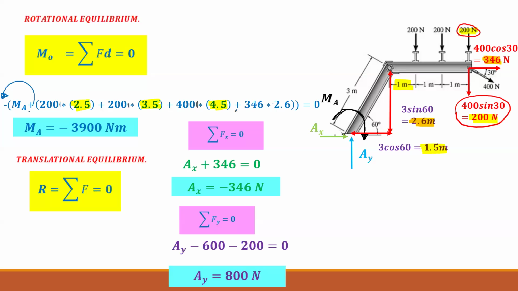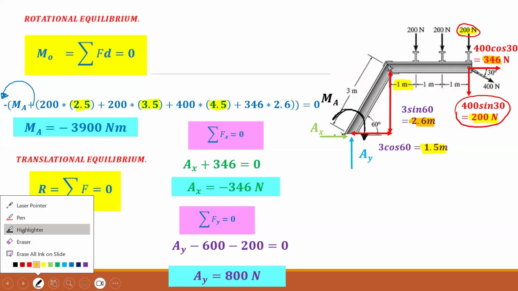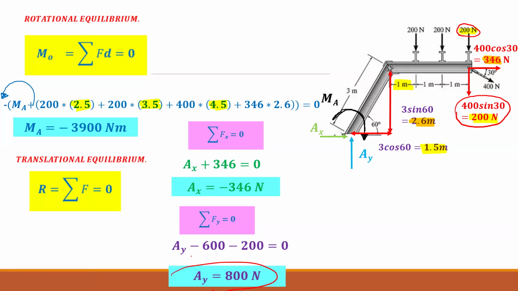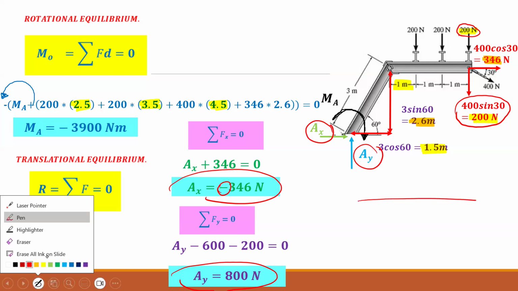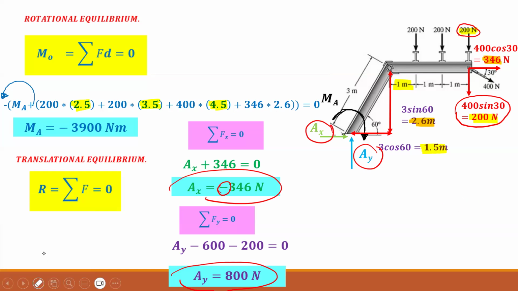Okay, now we haven't finished. Now we need to do the last part. Last part is when you have these two, you need to make it into a single force. AX is negative, so that means it is in the opposite direction, this way.